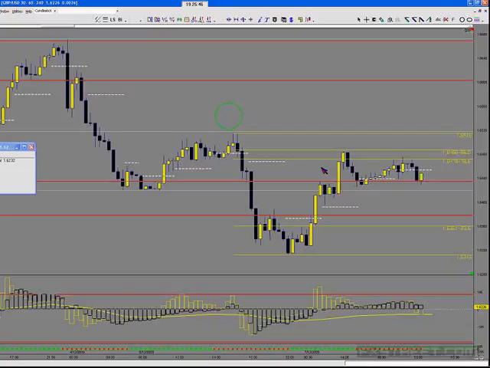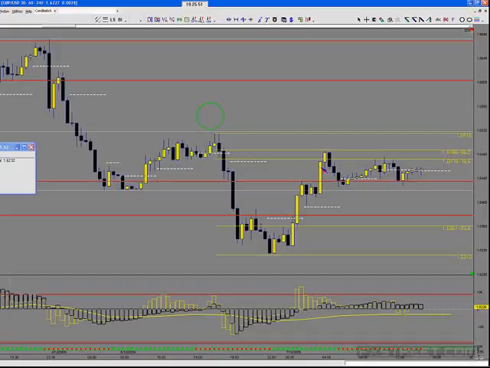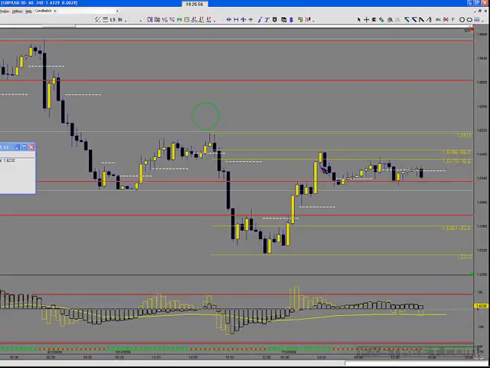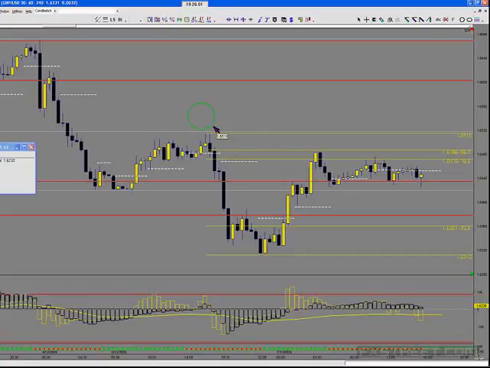And let's see what we've got. Now, we've still got lower highs, all right? We are starting to get a bit of a baseline here.